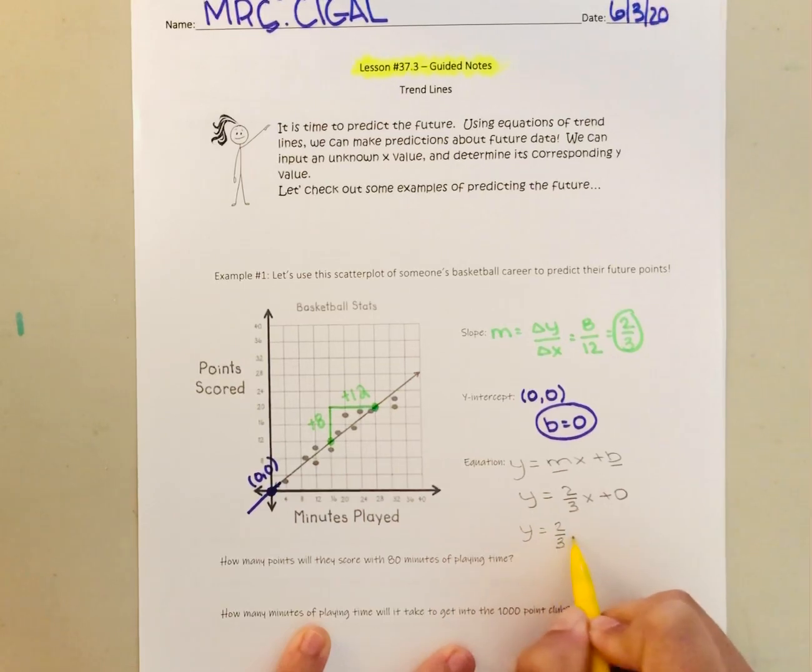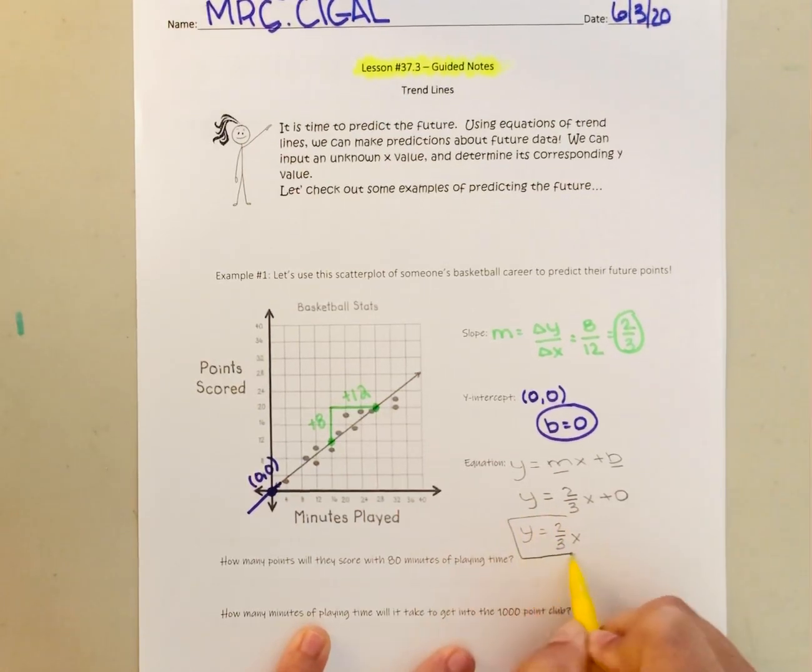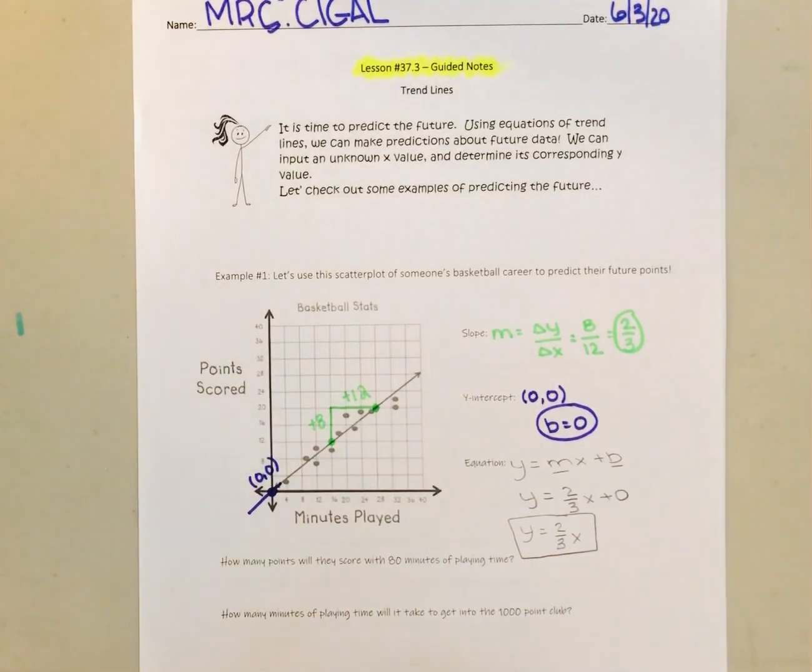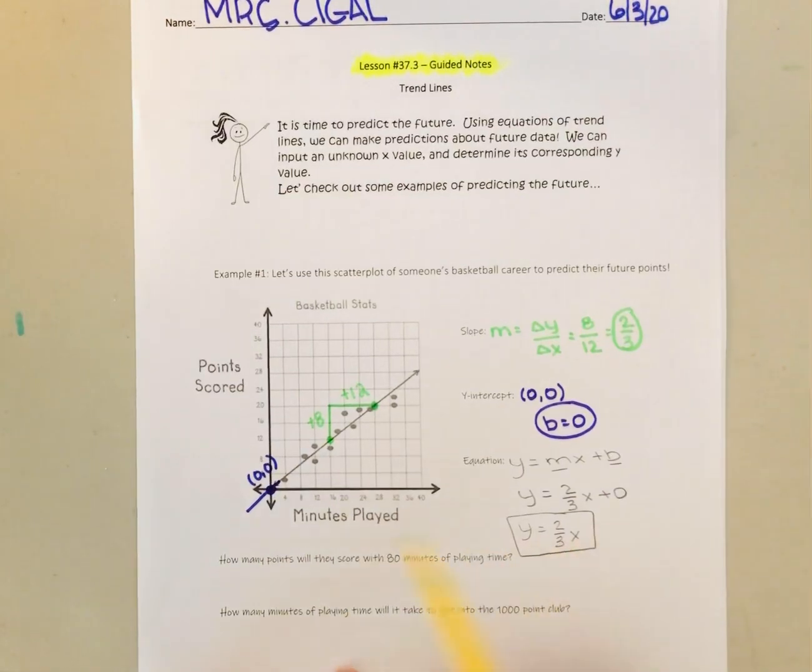So I'm just going to say, here is my equation. So that's the equation of my trend line. We've got a positive slope. It's going up and to the right. It averages up 2 over 3 and it crosses at 0. So this means up 2 over 3 means you increase points earned by 2 every 3 minutes played.